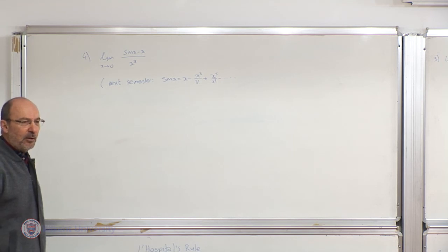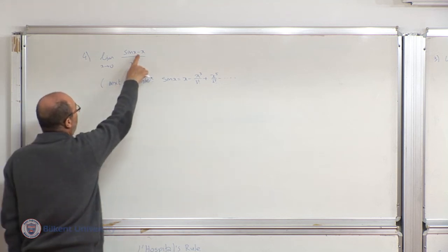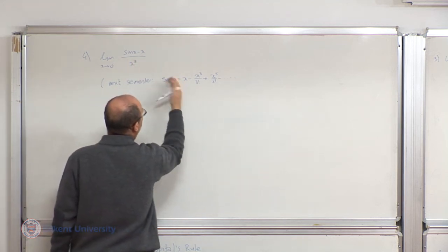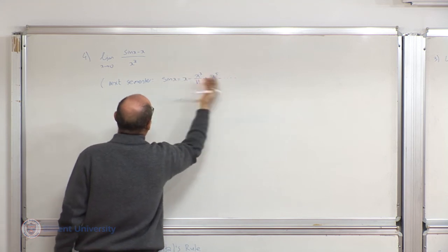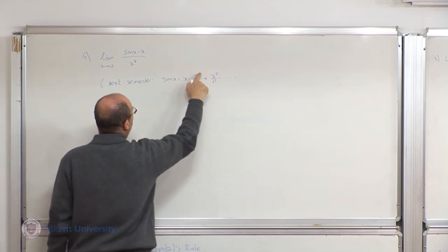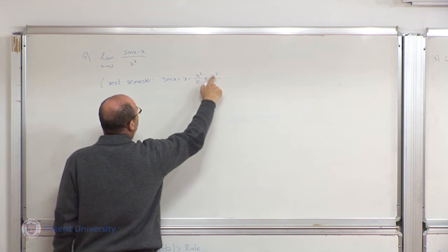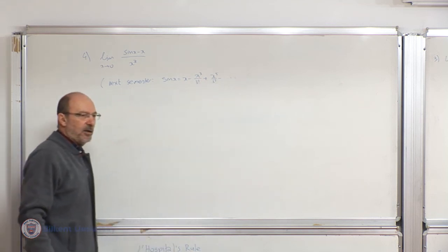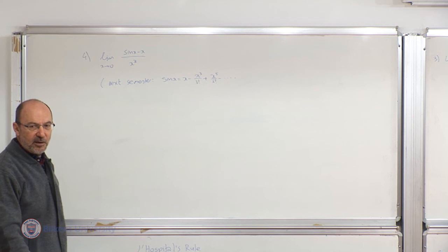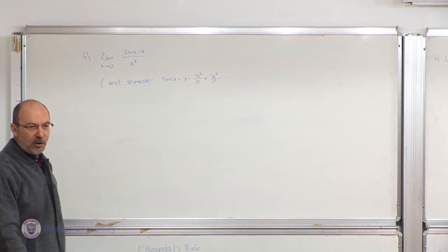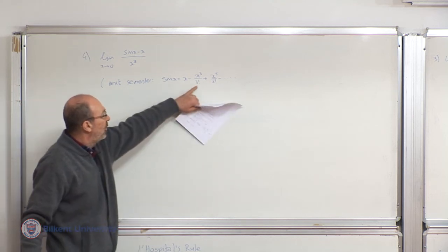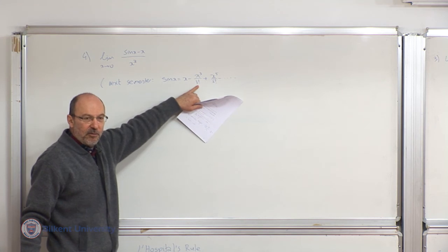You have only odd powers divided by factorial of the power with alternating signs. You subtract x from this, so you subtract this, what you have is this. Now you are dividing it by x cubed, so this x cubed cancels, but all of those things, after you cancel x cubed, will have an extra x in it. When x goes to 0, they will all vanish. So what will remain is minus 1 over 3 factorial.